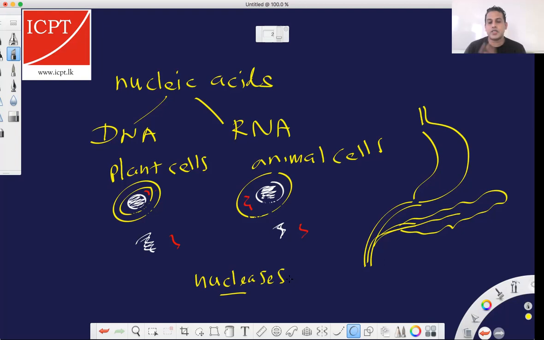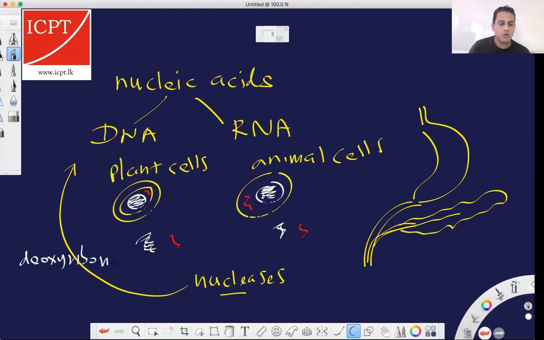So these nucleases are of two types. One is nucleases that act on the level of the DNA molecule. So these are called deoxyribonucleases.